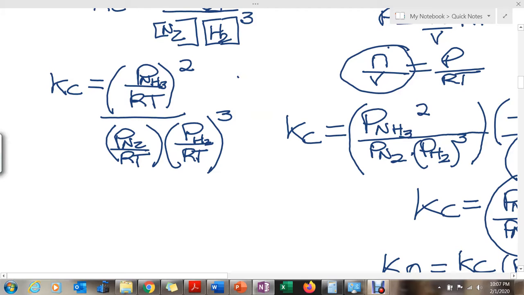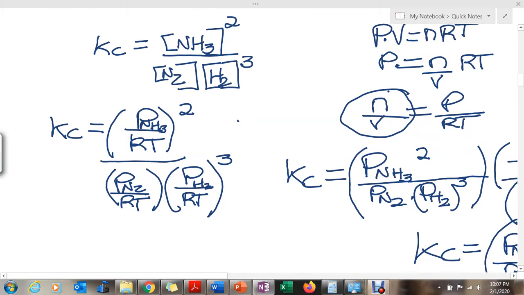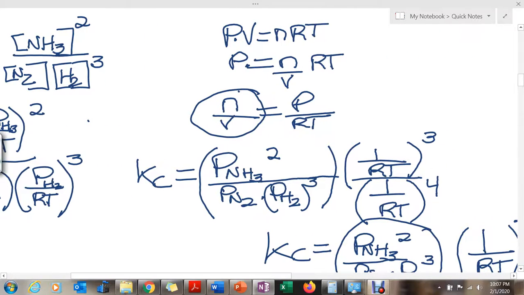Now, in the expression of Kc, the concentration of each gas is the partial pressure divided by RT. Instead of using concentration, I'm going to plug in the expression from the ideal gas law, P over RT, for each gas. Doing that, I get this expression.